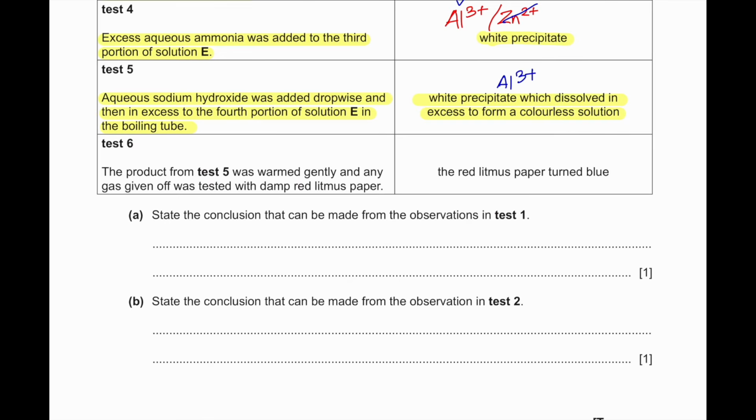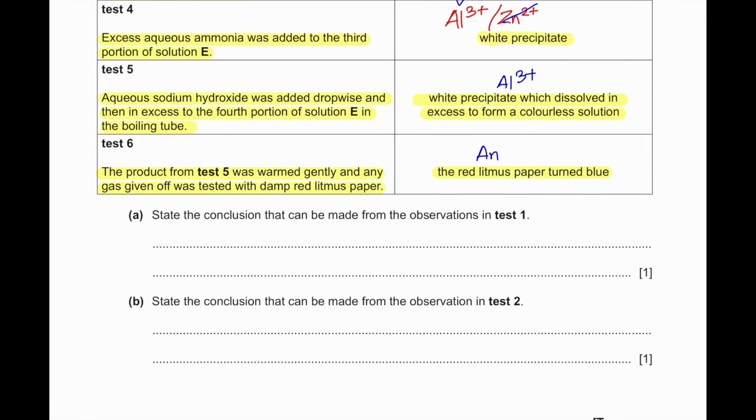Test 6. The product from test 5 was warmed gently and then any gas given off was tested with damp red litmus paper. The damp red litmus paper turned blue. If we heat a particular salt with sodium hydroxide and a gas evolves that turns damp red litmus paper blue, it's always ammonia.